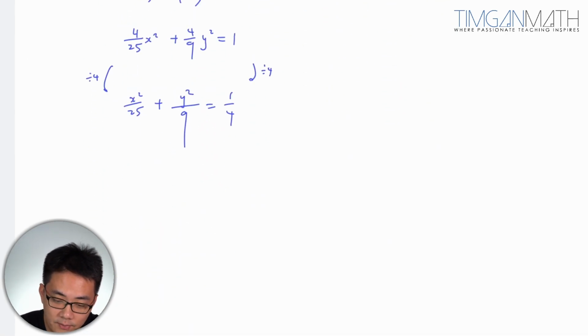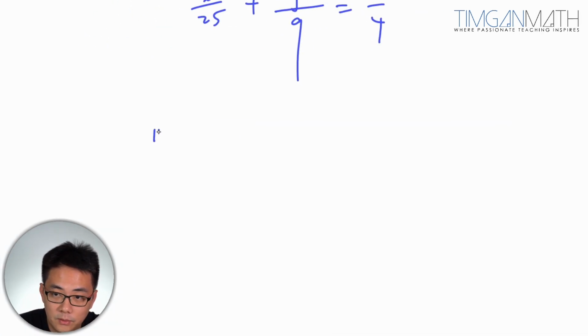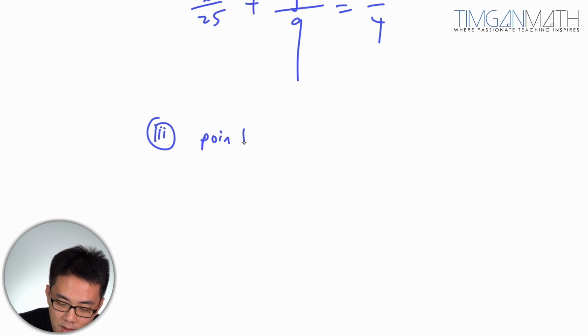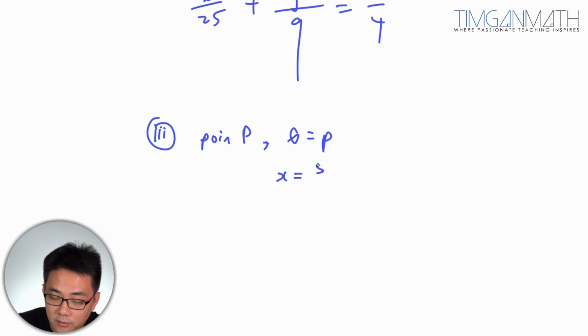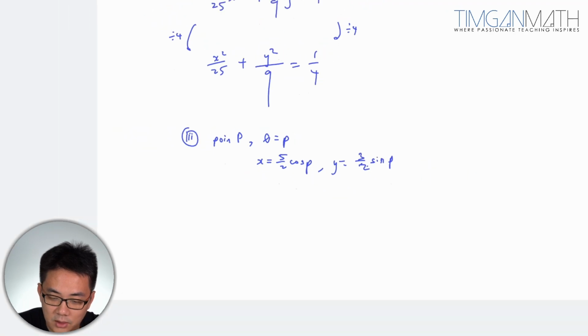In this case, what we need to do is use part 3. Point P is when theta equals P. So x equals 5 over 2 cosine P and y equals 3 over 2 sine P. So this is a coordinate. Let me just illustrate this for you.